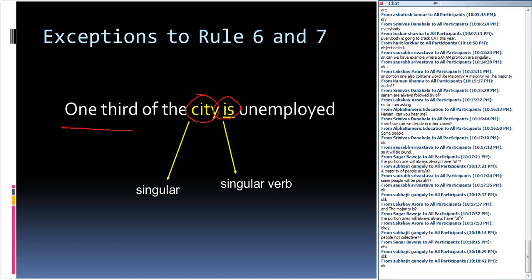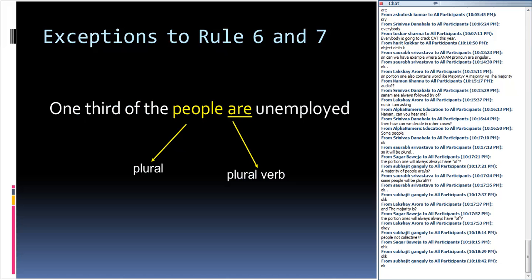But if you change this and say 1/3 of the people, okay, then what happens? 1/3 of what? People. People is plural. You use the plural verb are.